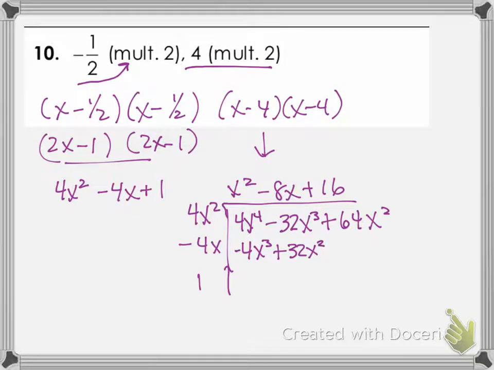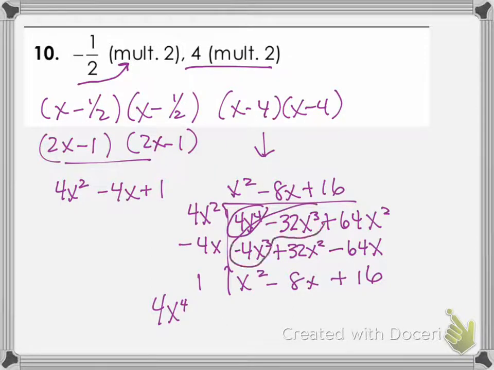Don't let me mess up. Plus minus 64x. And then x squared minus 8x plus 16. Okay, combining those, 4x to the 4th, this would be minus 36x cubed.